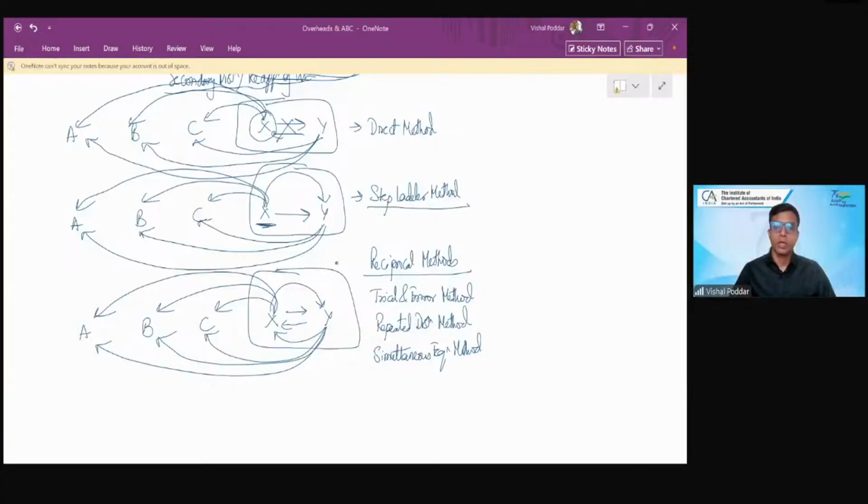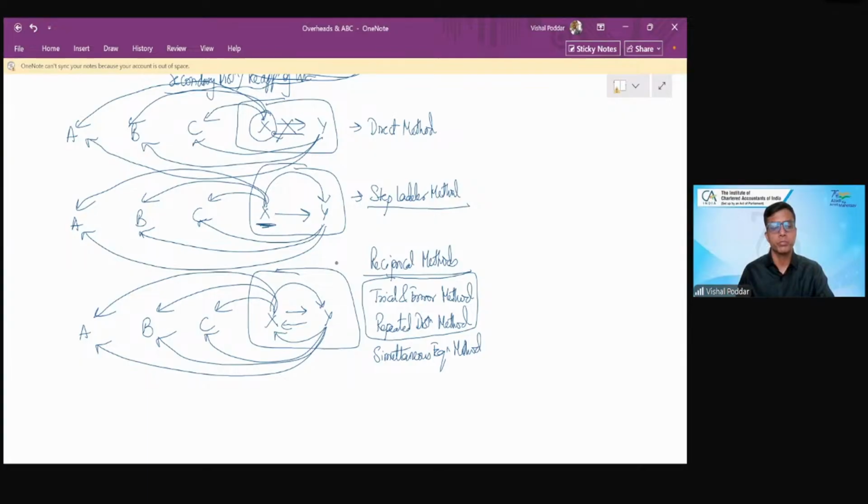Now, understand students that under reciprocal, there are three methods. However, when you start solving, you find that two of these are one and the same. So the manner of doing secondary distribution is the same under these two methods. One is the trial and error method, and the other is the repeated distribution method.